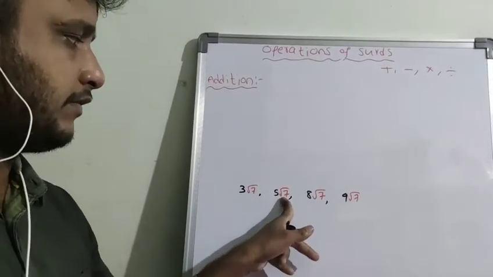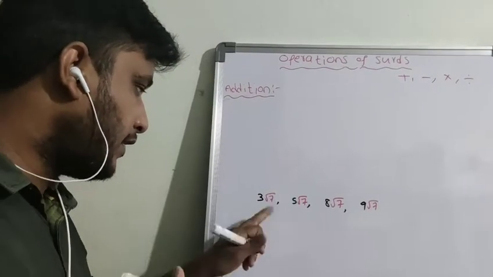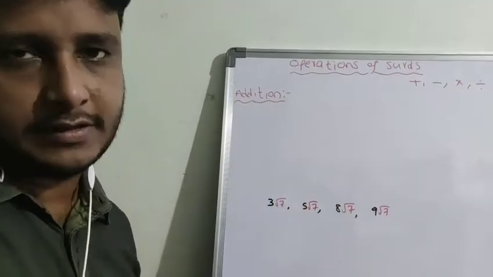What do you observe in these surds? Root 7, root 7, root 7, root 7. The surd is the same surd, with the same radicand and same order. So these types of surds are called similar surds.